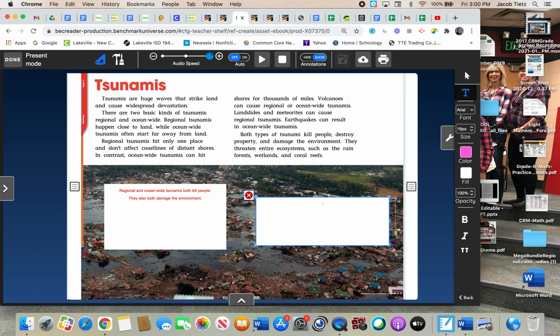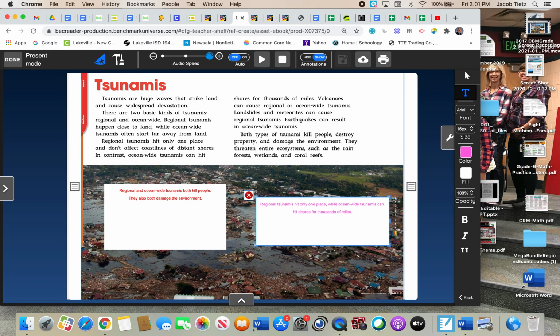So, regional tsunamis hit only one place, while ocean-wide tsunamis can hit shores for thousands of miles.